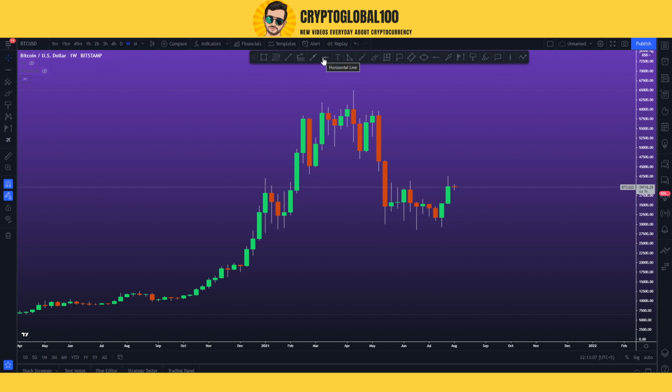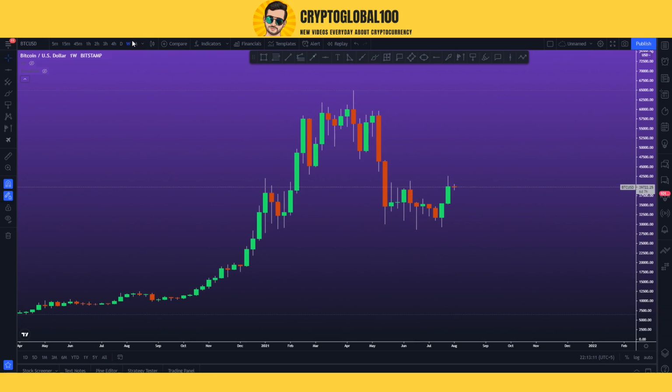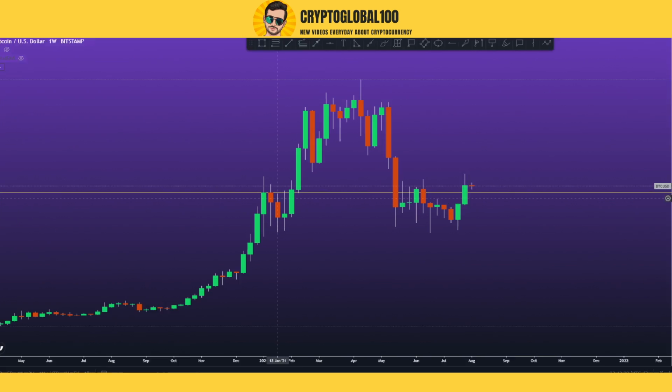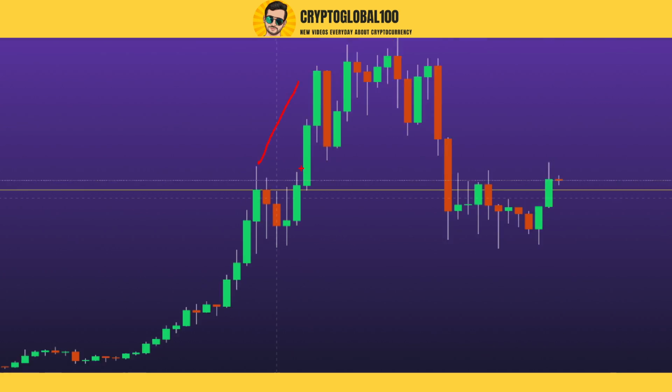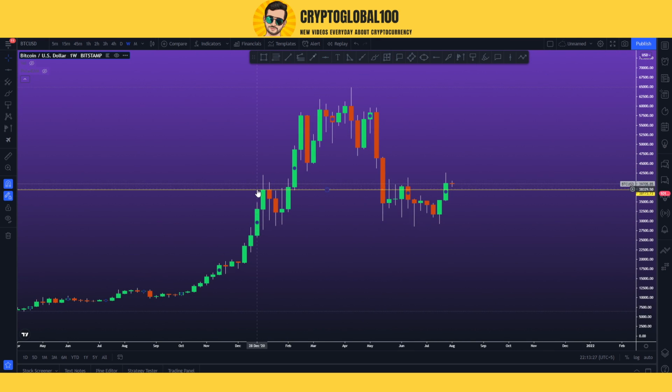First, let me tell you, this is a weekly chart. So it is a more comprehensive chart, a very good chart. First I have drawn this level, the swing high candle. First we're going to take a look at this area and the price here.